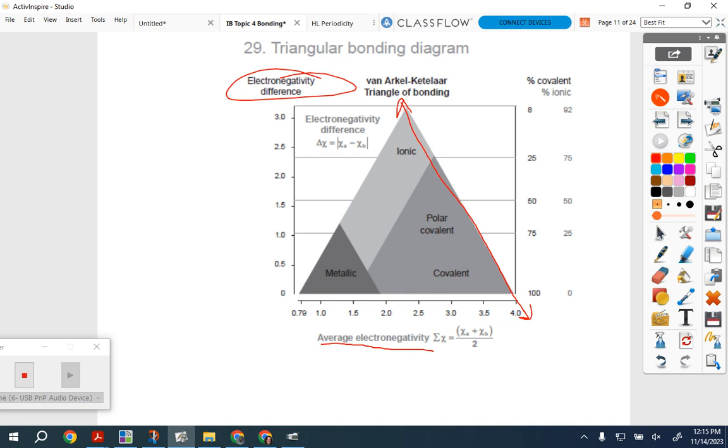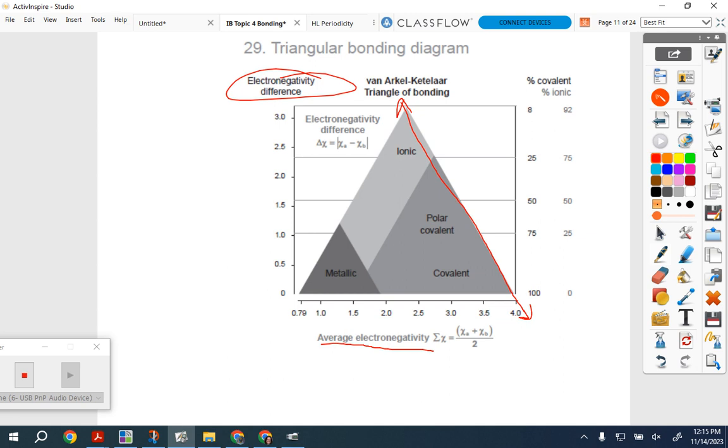If we have 2 atoms that have very low electronegativity, very low ionization energy, both of them just willing to give up the electrons willy-nilly, then we're going to have the metallic structure, where we have the lattice of positive ions and the valence electrons are just swimming around, delocalized. Everybody gives up the electrons.